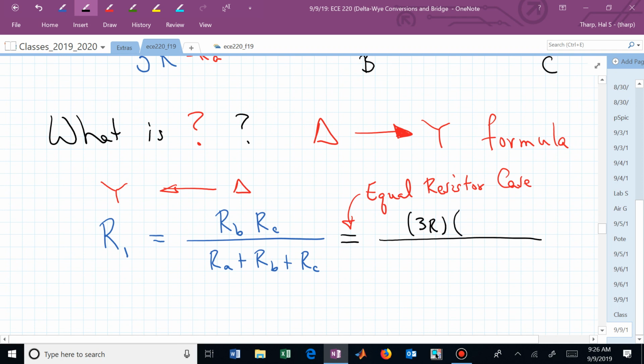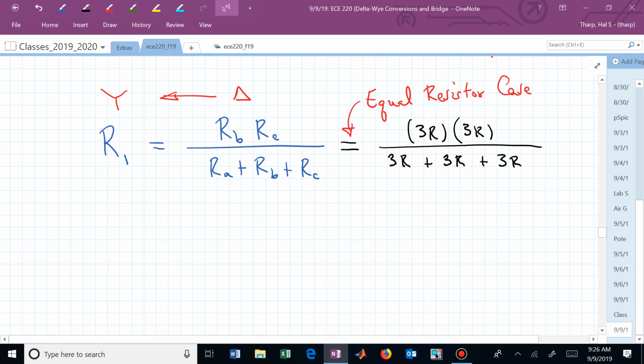What's R sub C? 3R. What's R sub A? Well, that's 3R. R sub B is 3R. R sub C is 3R. So what does that give us?